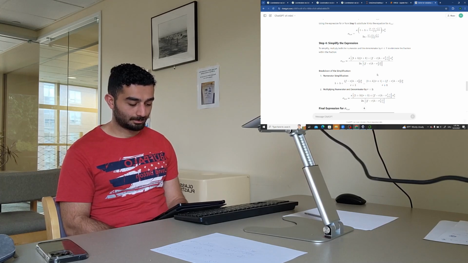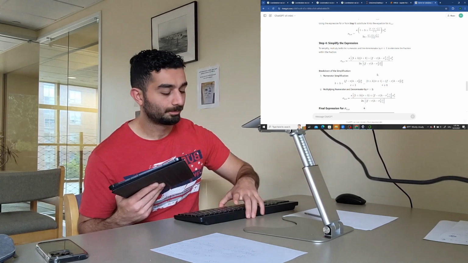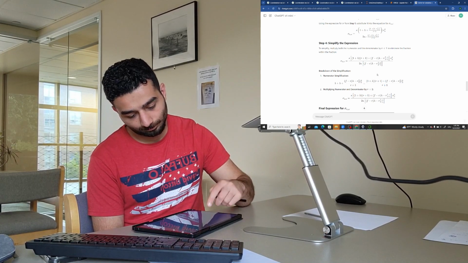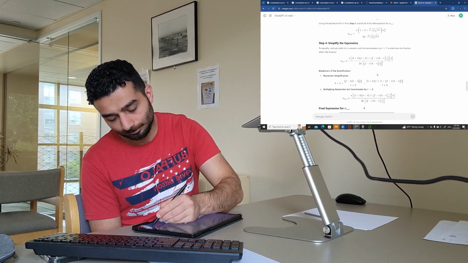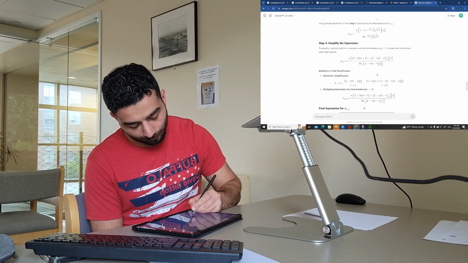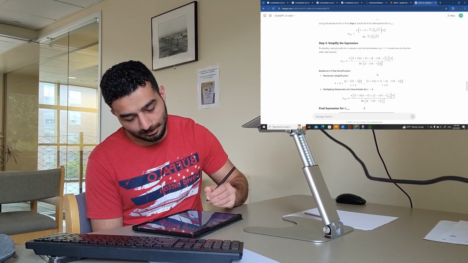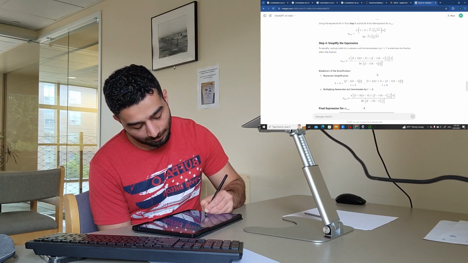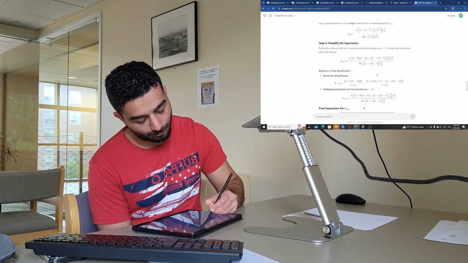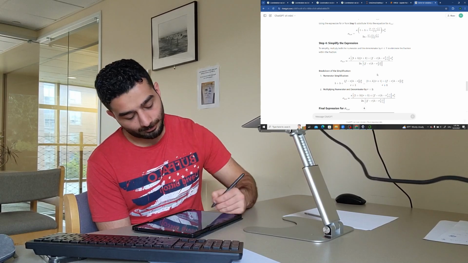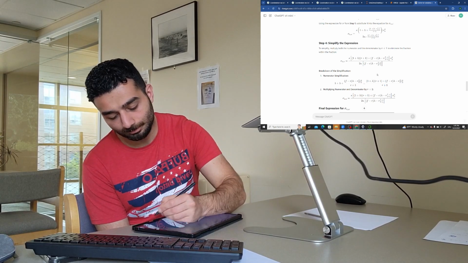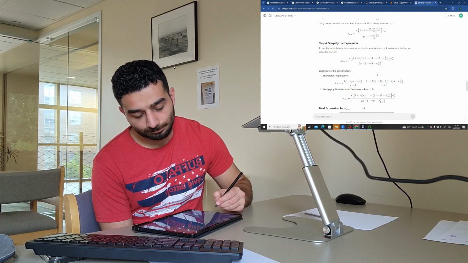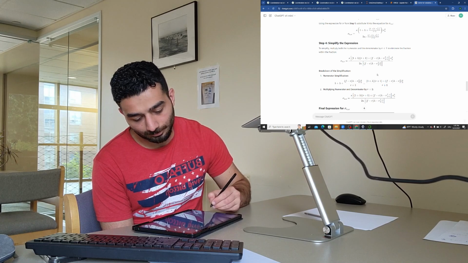Sigma AI omega equals, is that 1 plus lambda plus nu, over sigma omega over 2.